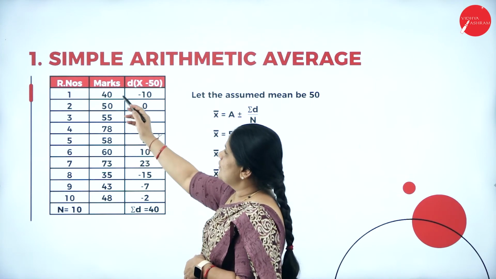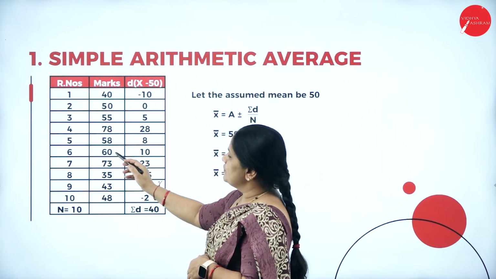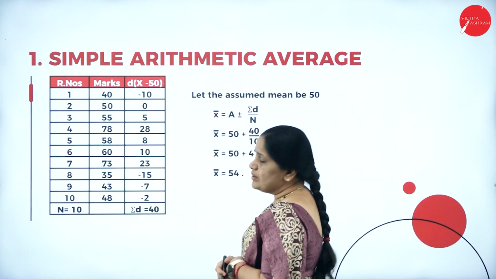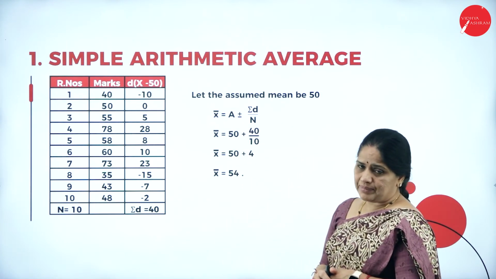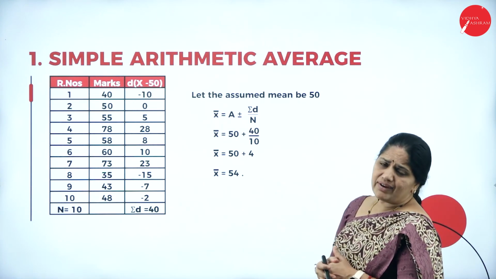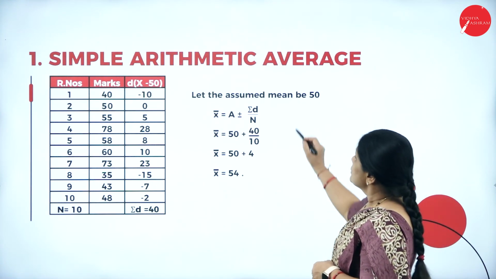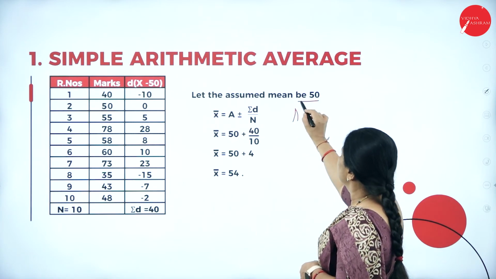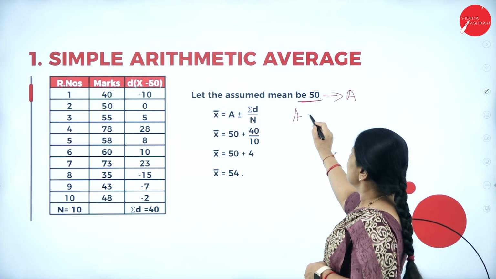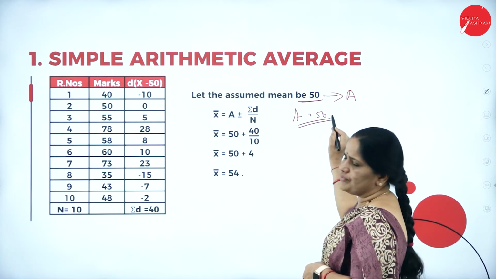The marks are 40, 50, 55, 78, 58, 60, 73, 35, 43, 48. Now, if I have to find the arithmetic mean with the help of the assumed mean, I can consider any one of the values as the assumed mean. Let the assumed mean be 50, so a equals 50.